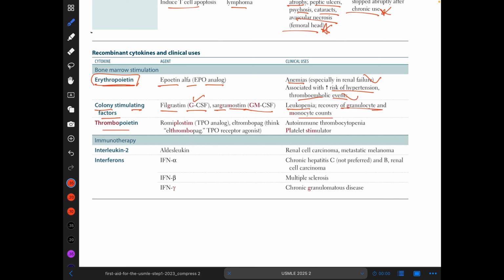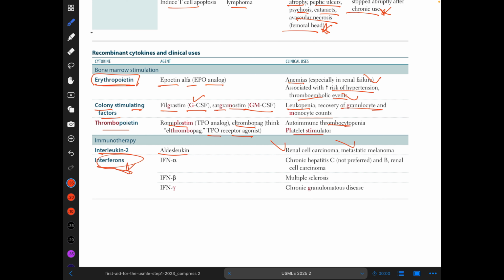Thrombopoietin agents are used in autoimmune thrombocytopenia as platelet stimulators, and the most common names are romiplostim and eltrombopag, which are TPO receptor agonists. And for immunotherapy, we are using interleukin-2, named aldesleukin, used in renal cell carcinoma and metastatic melanoma.